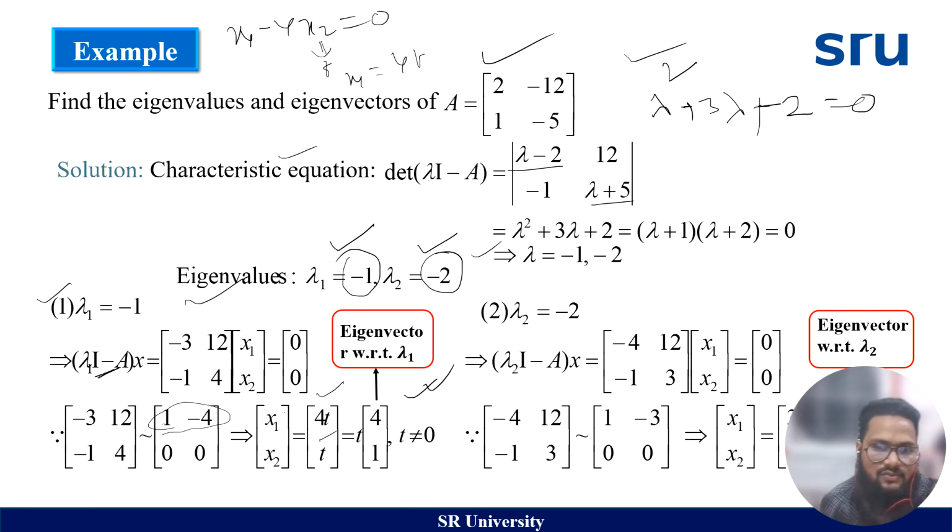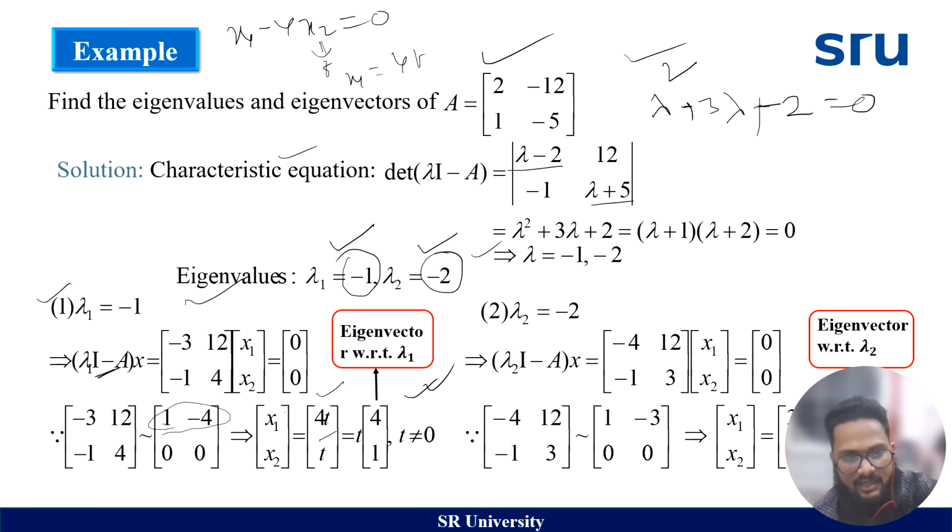Please remember, this is a very important note: an eigenvector cannot be a zero vector. So t should not be 0, otherwise it will be 0 0. t can be any nonzero scalar. If we change the value of t, you will get a different eigenvector, but the form will be 4t, t.